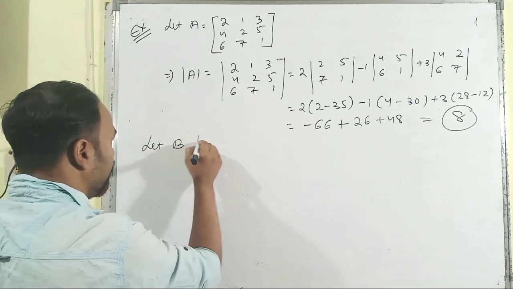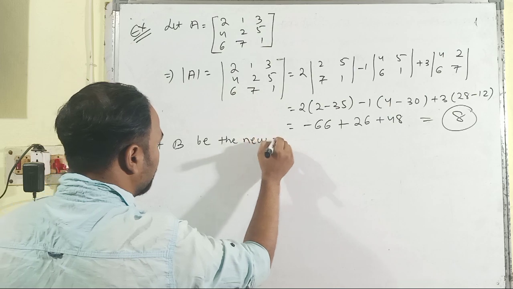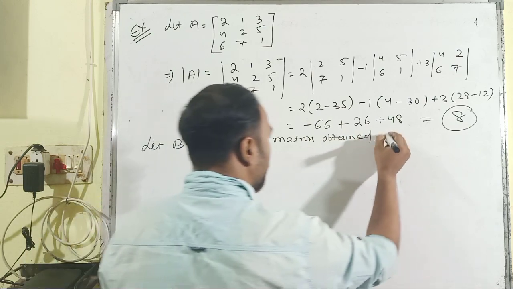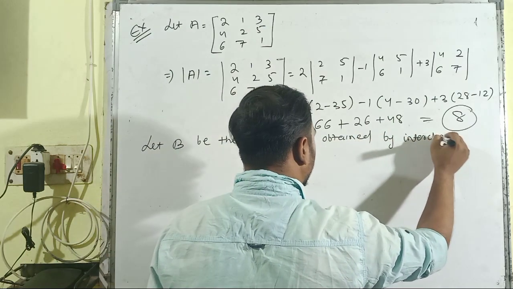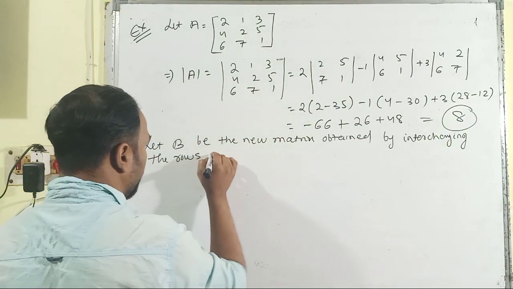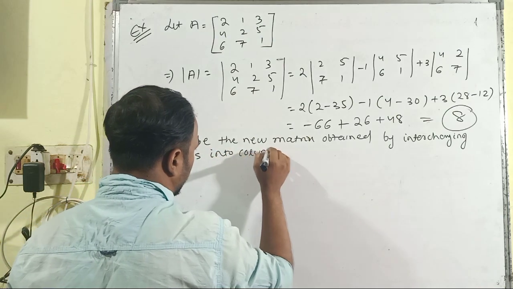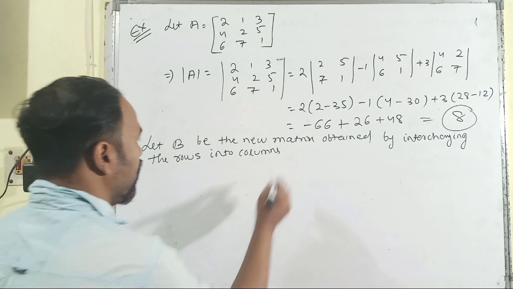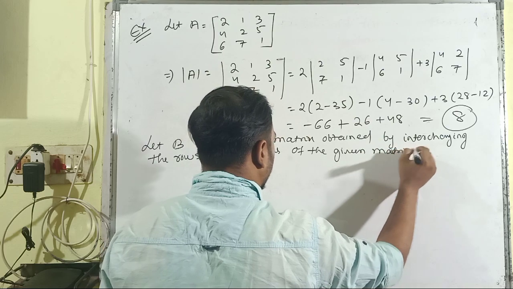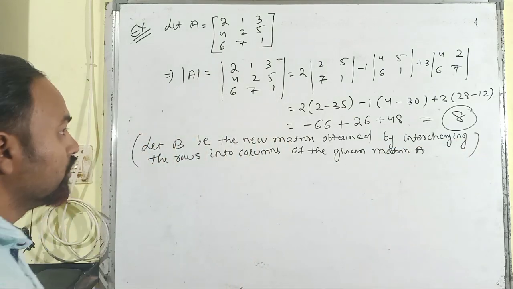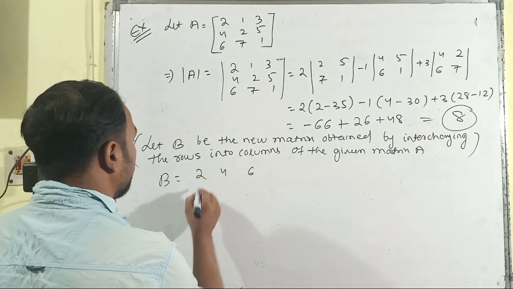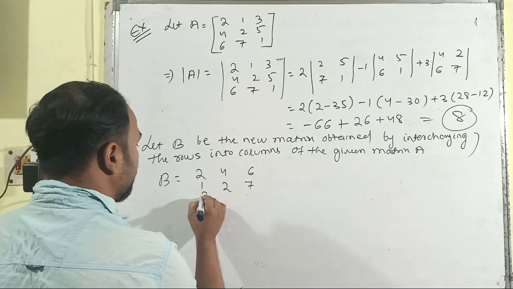Let B be the new matrix obtained by interchanging the rows into columns of the given matrix A. So B is equal to 2, 4, 6, then 1, 2, 7, then 3, 5, 1.